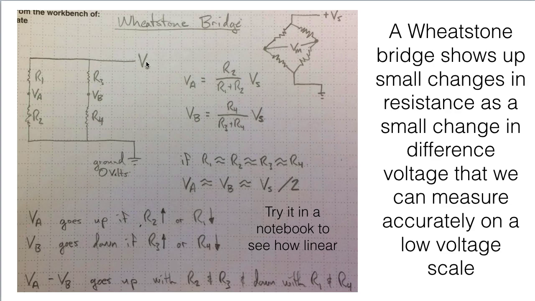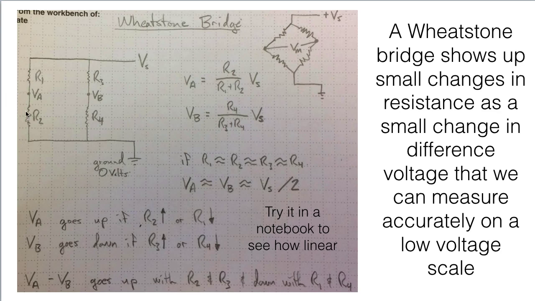If we had plus 5 volts up here for our power supply and ground down here at 0 volts, then we've got a voltage divider just like we had before with R1 and R2, and we've got a voltage VA in between, and it's about 2.5 volts. And if R3 and R4 are just the same, this will be 2.5 volts as well. So if they're all equal, then VA is going to be equal to VB, about equal to the supply voltage divided by 2.